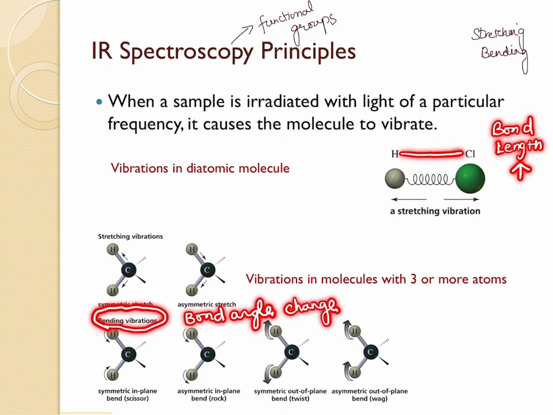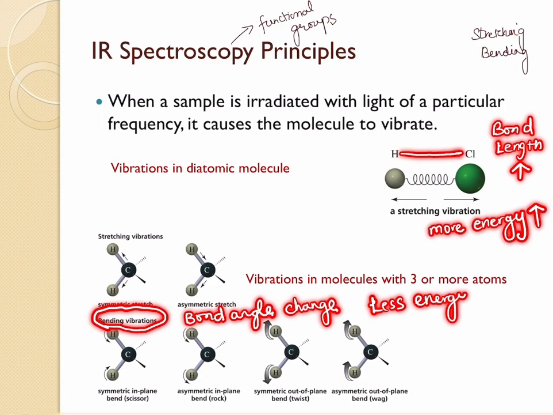So this is the basic difference between stretching and bending. Normally it takes more energy to stretch the bond than to bend the bond. So the frequency required to stretch the bond is more, whereas the energy required to bend the bond will be less.